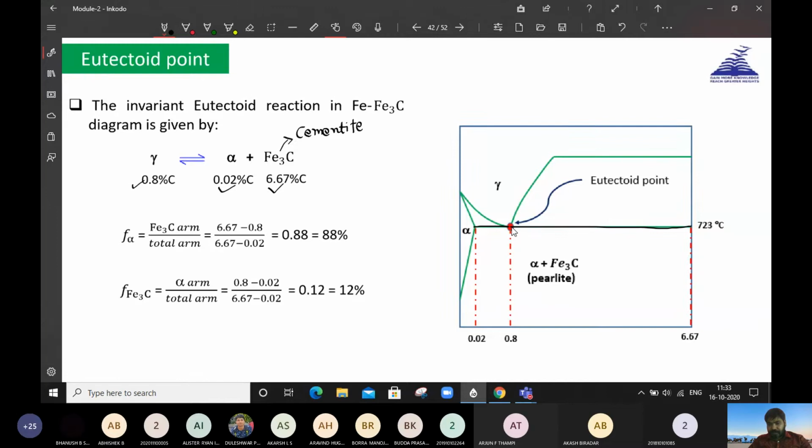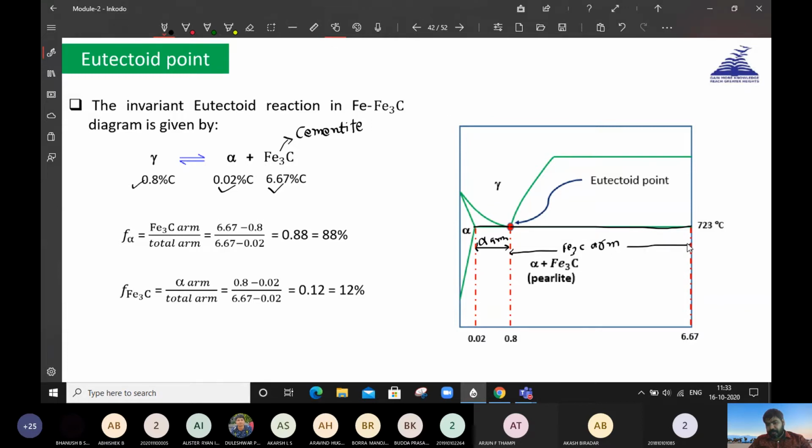In order to find out the amount of alpha and the amount of Fe3C, this is the alpha arm, and this is the Fe3C arm, from here to here.